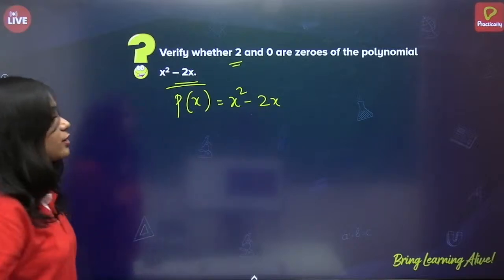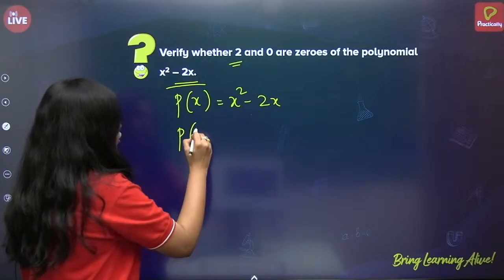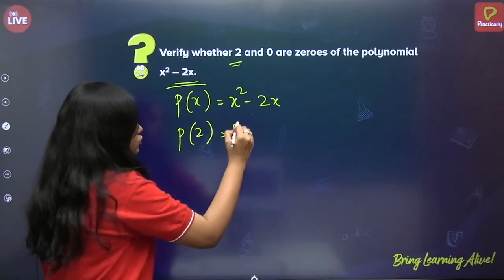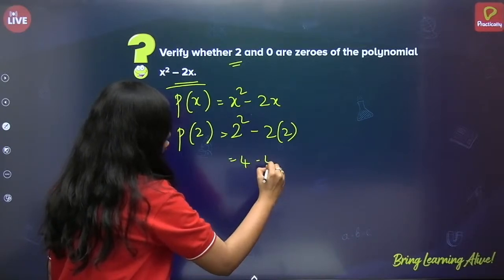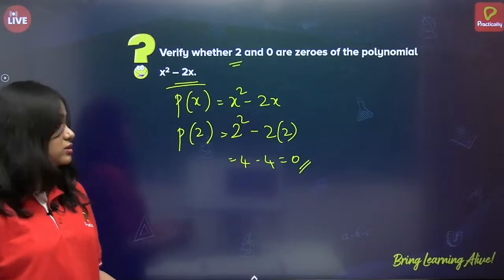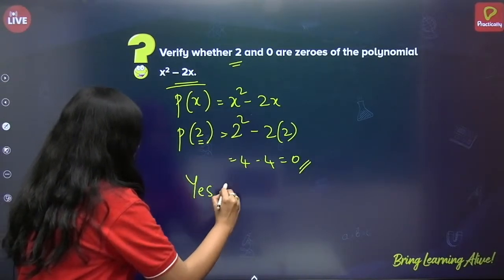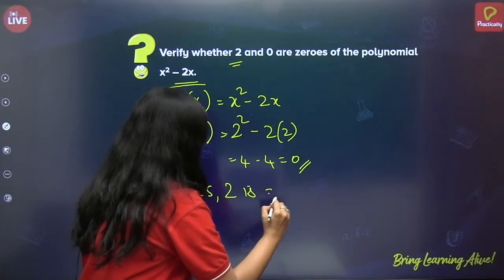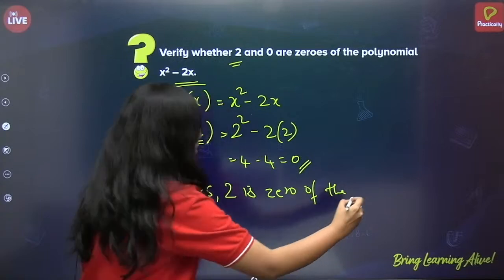We have to check whether 2 is the 0. So just substitute p of 2. 2 square minus 2 of 2. 4 minus 4, 0. So we got 0. What that means? It means that 2 is a 0 of the polynomial p of x.